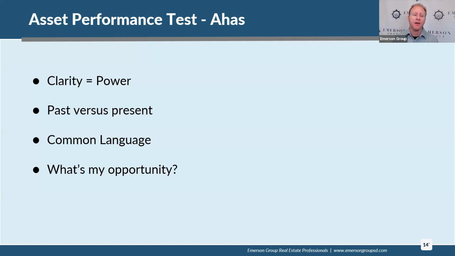Common language. The one thing I want to point out here that's so important is when you have a current cash on cash figure, we now have a language that we can speak to understand what we have and we can compare to other opportunities.